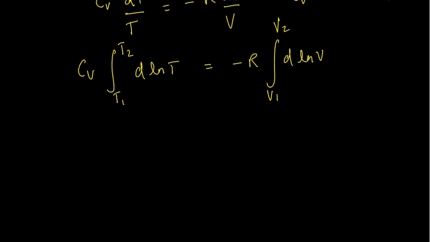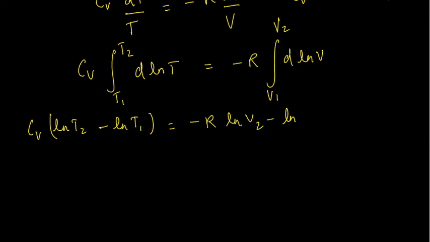Done. Integration finished. So which would be Cv times log T2 minus log T1 is equal to minus R times log V2 minus log V1.